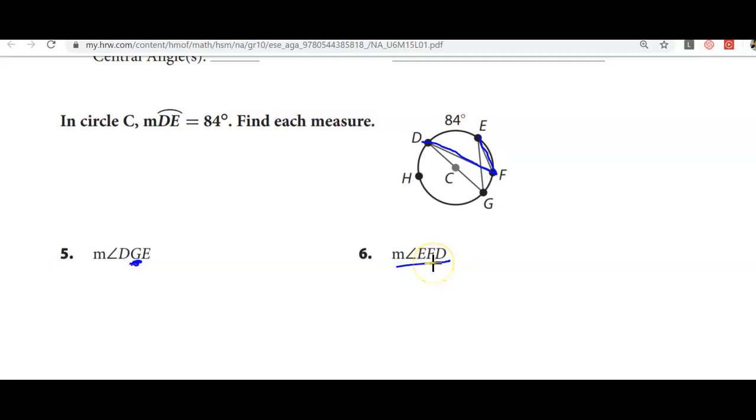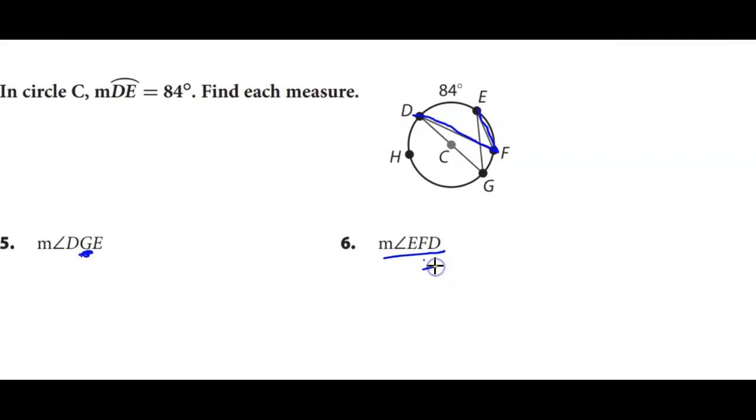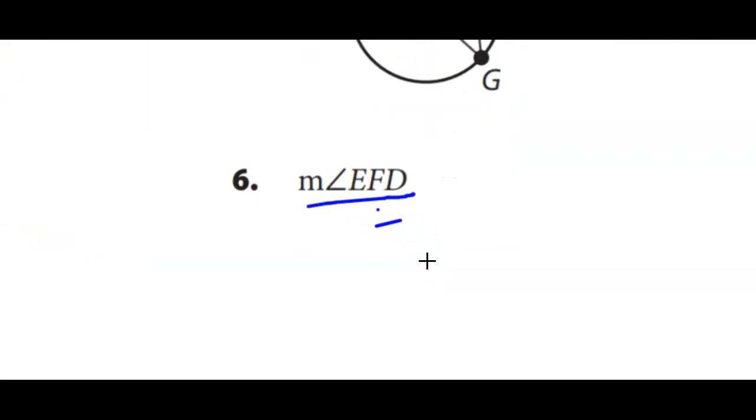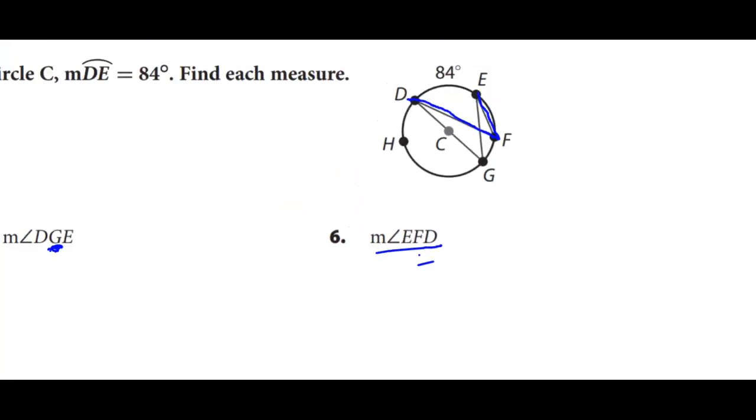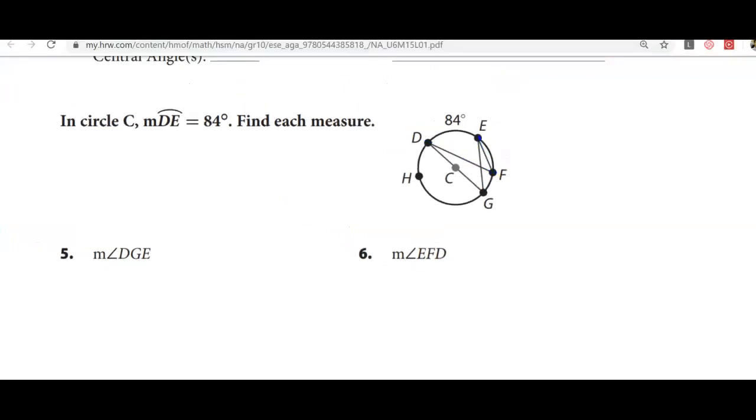On here, F was the middle right here. However, they still have the same 2 points for their arc. So F still went to E and to D, and G still went to E and to D. So therefore, their measurements are actually going to be the exact same.